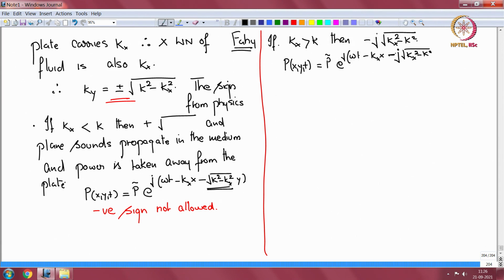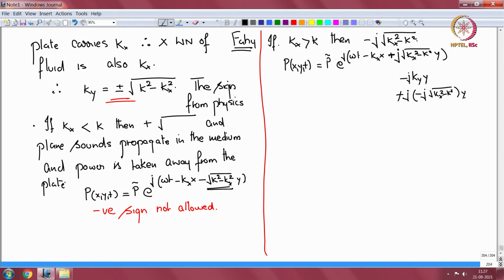Let me see. No, this should be plus finally into y. I have minus ky y with a j, that is the starting point. So with a minus j I have to choose a negative imaginary wave number, minus j square root of kx square minus k square into y.